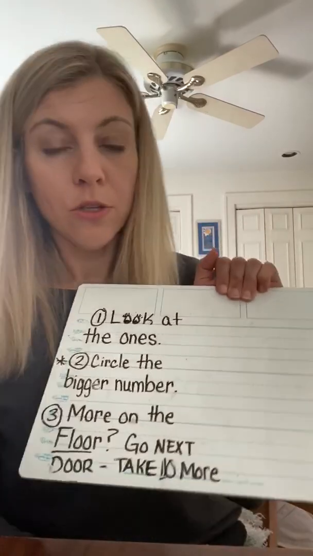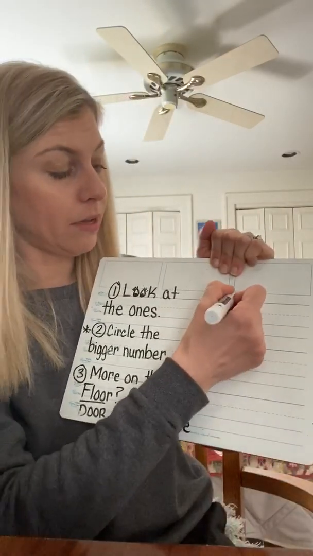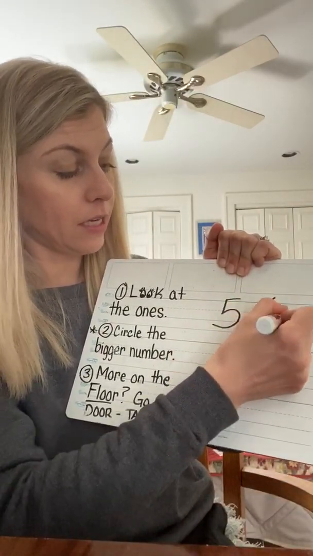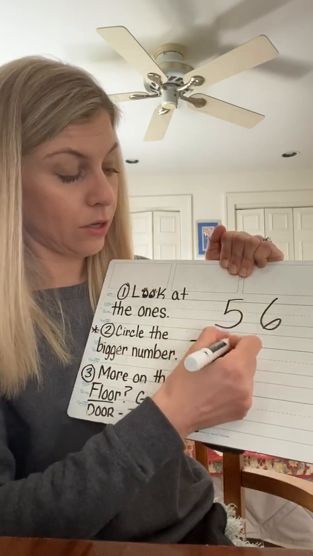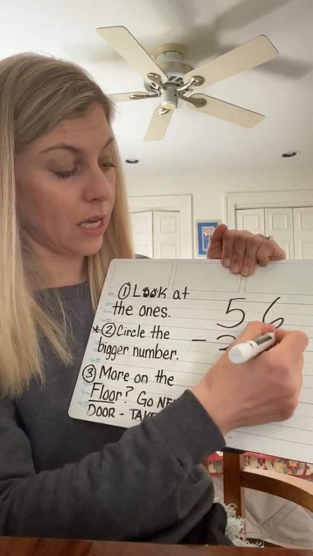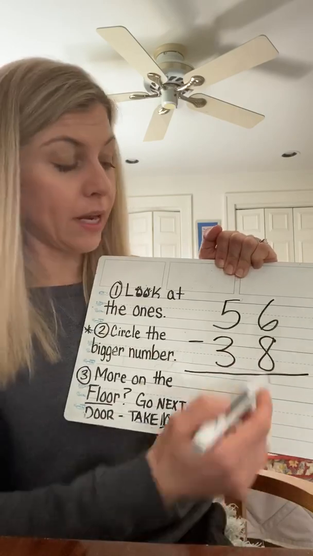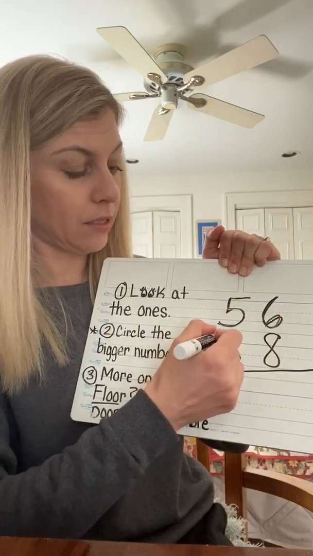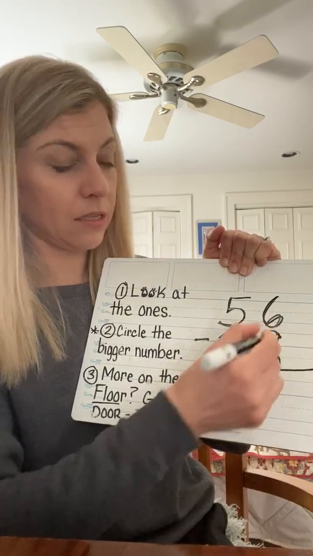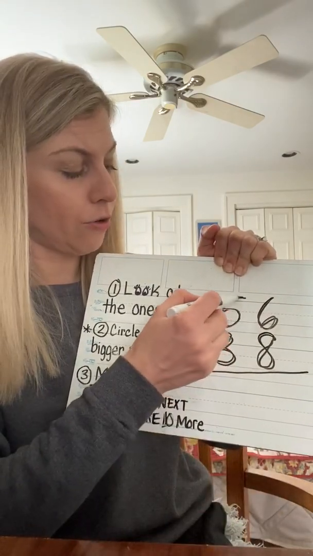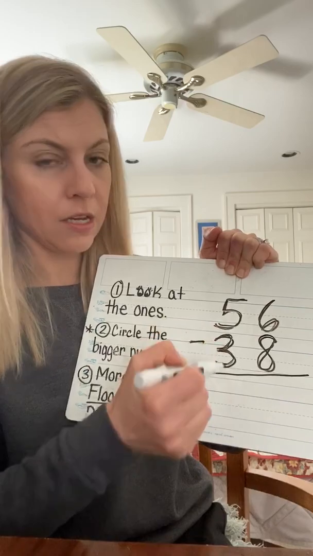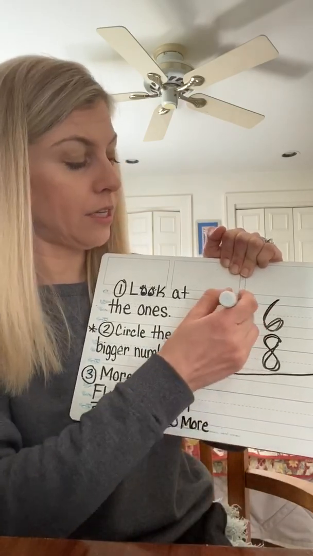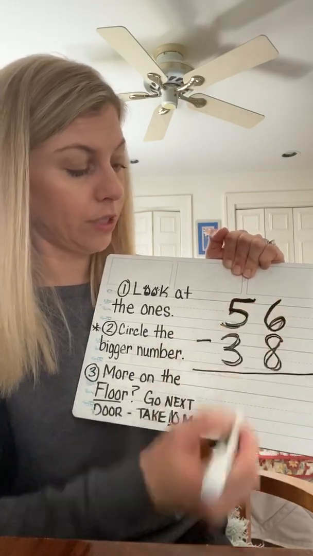Okay, so my problem I'm going to give you is 56 minus 38. When we write it, we write 56 minus 38. Sometimes I have friends who go 5, 3. That's not right. The number is 56, so we write the whole number.